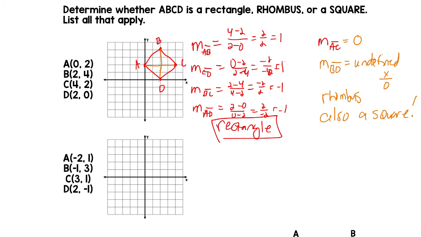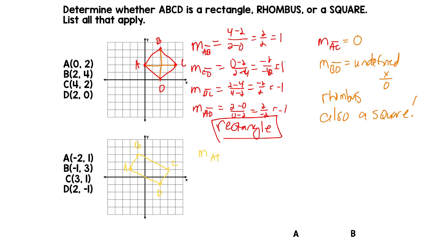Let's try one more of these, and then we'll do a proof. We've got to make our figure here: -2, 1 for A, and -1, 3, and 3, 1, and 2, -1 for D. All right, let's do the slopes of opposite sides.